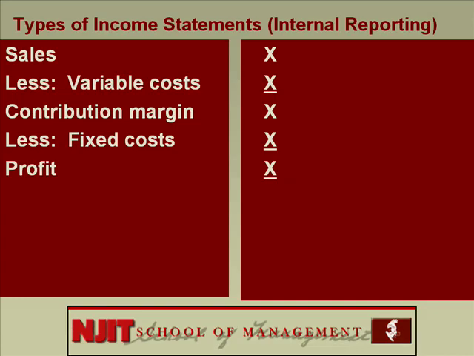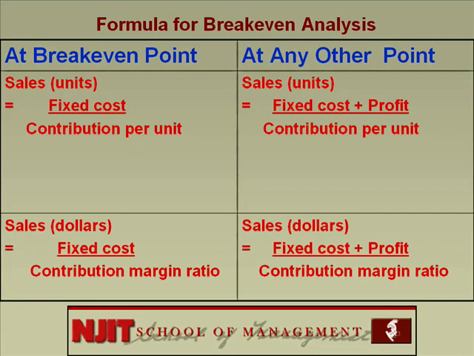Now, here are some formulae you need to know. These formulas are in your book, but if it helps, you can print this out. At break-even point, sales in units equals fixed cost over contribution per unit. At break-even point, sales in dollars equals fixed cost over contribution margin ratio.